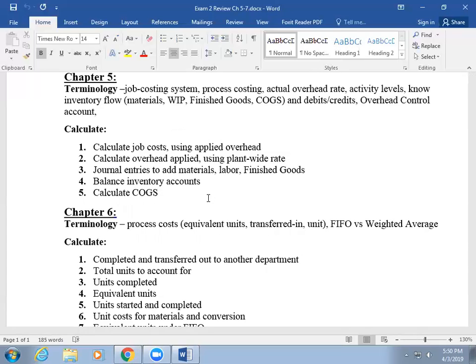And then number 2, the difference between FIFO and weighted average. Just remember with FIFO, you don't consider past period costs. When you're counting equivalent units of production, if you're trying to finish what was started last period, you disregard the costs that were started last period. So you would calculate the cost to finish what was in beginning work in process.